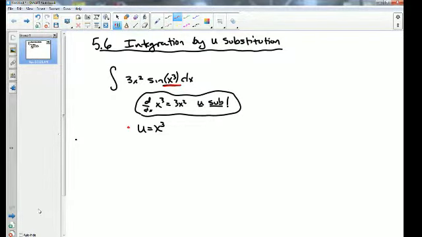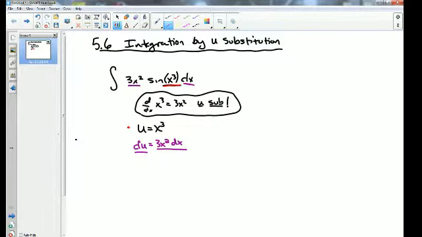Okay. And then differentiate. So what I've done is I'm going to replace these two with that now, right?